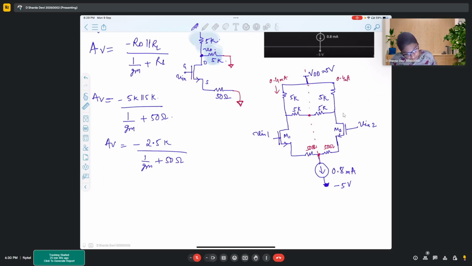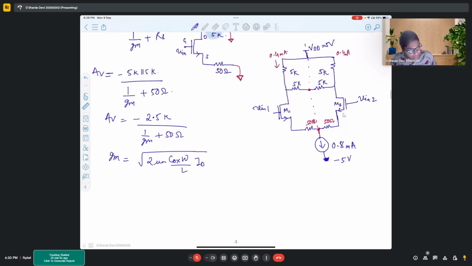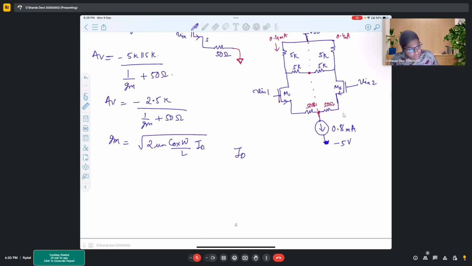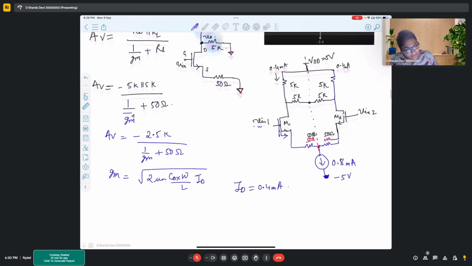Now for gm, we know the formula, that is root under 2 mu Cox W by L into ID. It is given that ID is 0.4 milliamperes for this particular branch.